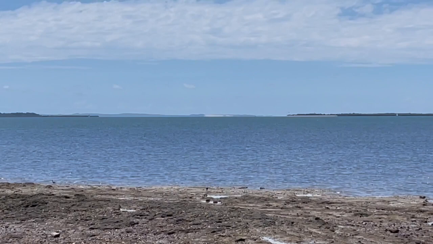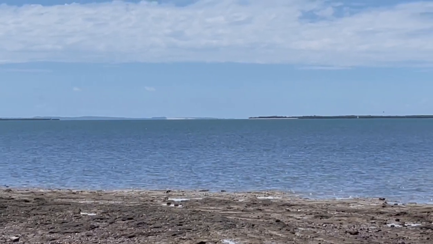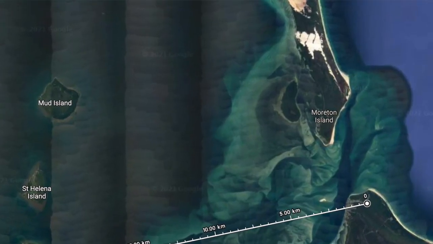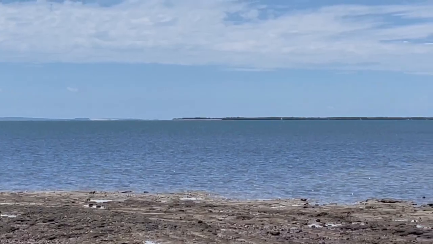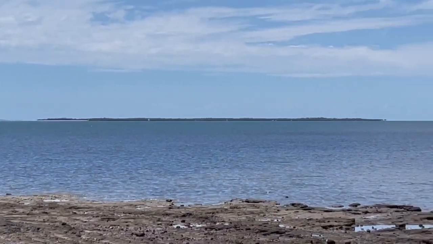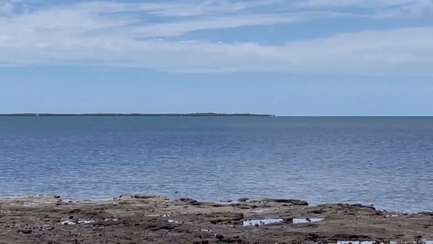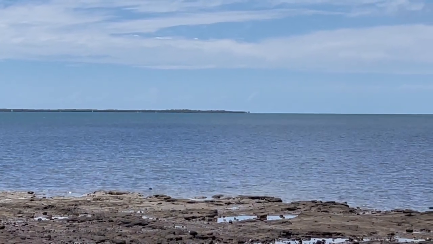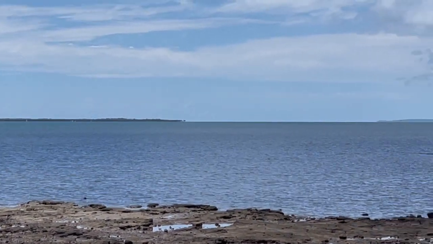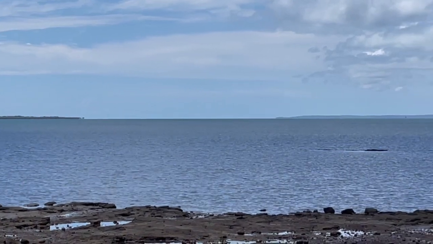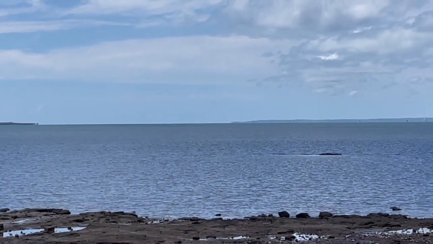So what we'll do is have a look at that on Google Maps. There's another island there, and you can see that it ends just there. You can see that on Google Maps. And then we can see right over in the distance there the beginning of another island.